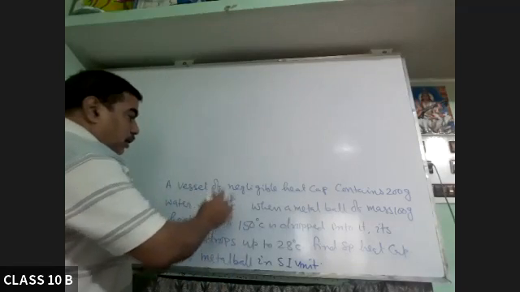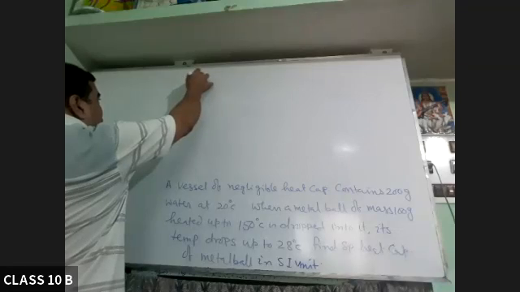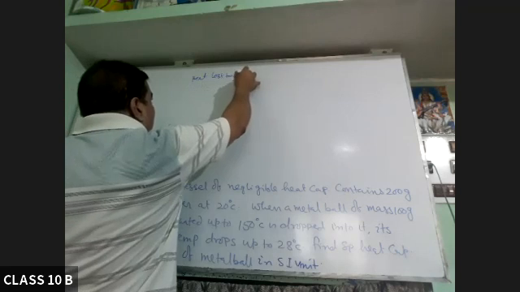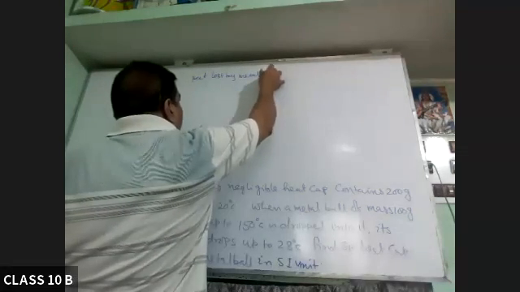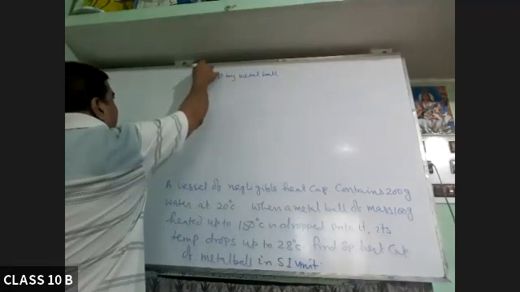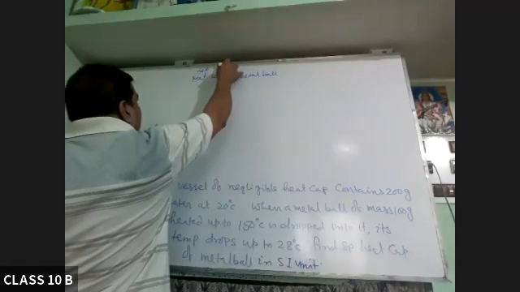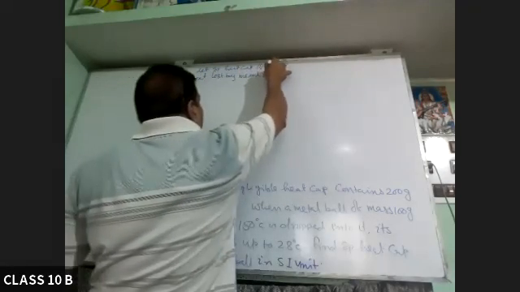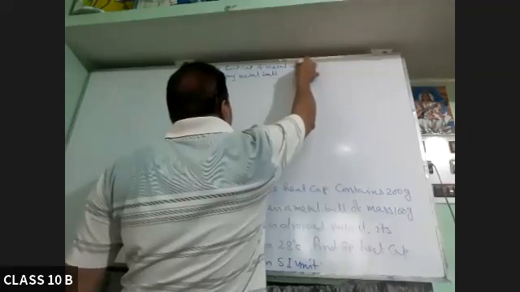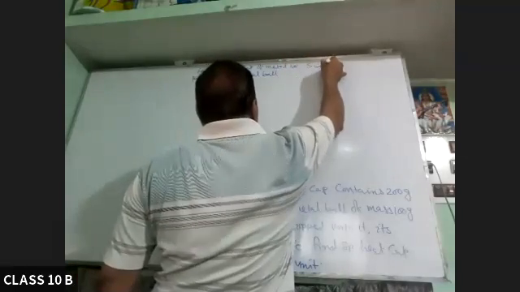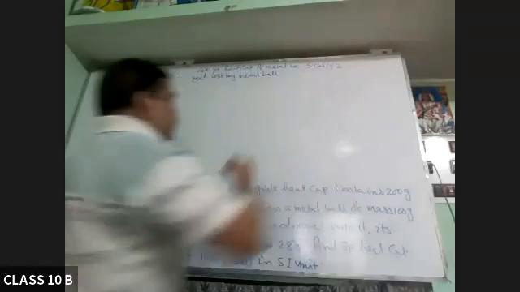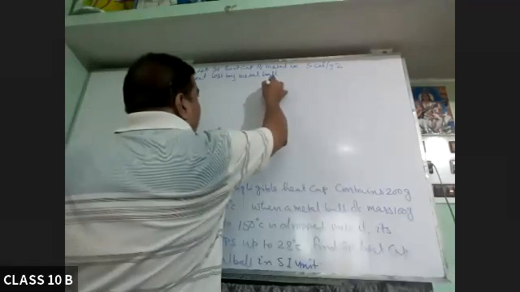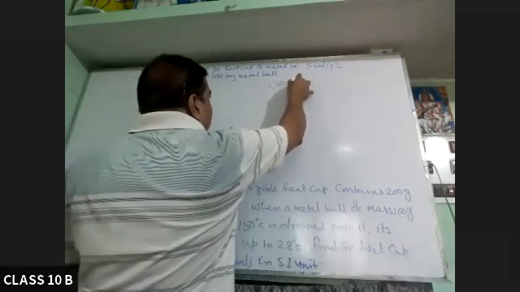So here, heat lost by the metal ball. Let the specific heat capacity we have assumed be S, in calorie per gram degree Celsius, no problem. Then what will be the heat lost? Its mass is 100 gram.